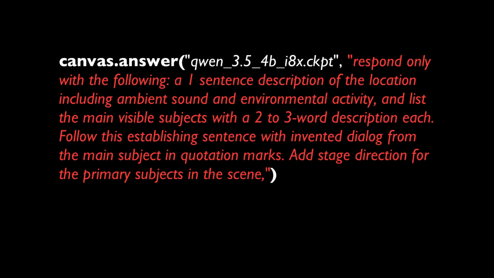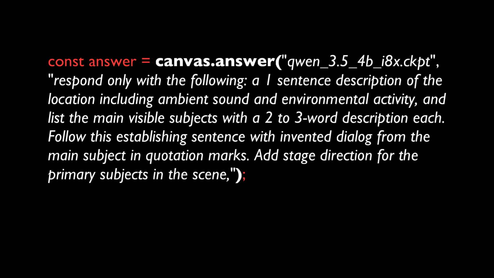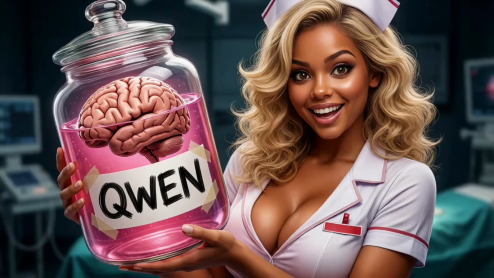In JavaScript, I've always seen it used by declaring a new variable that equals this command. The script will pause while the process is running. It's assumed it will be referencing the image on the canvas. So even if you don't mention it, Qwen might.